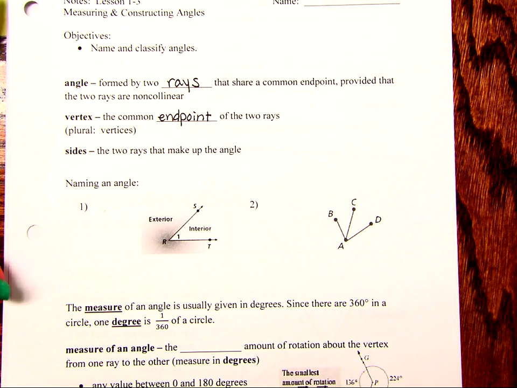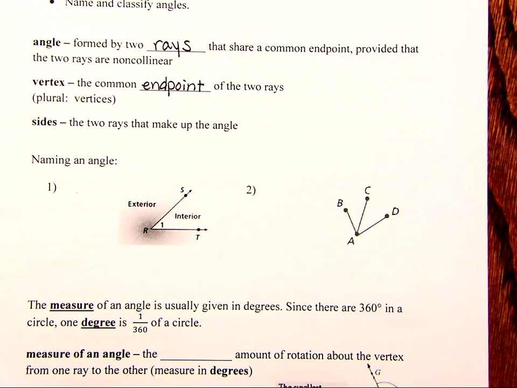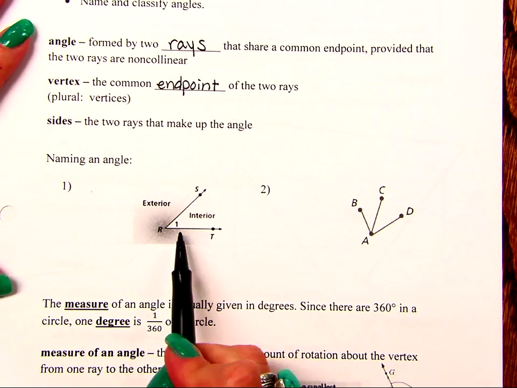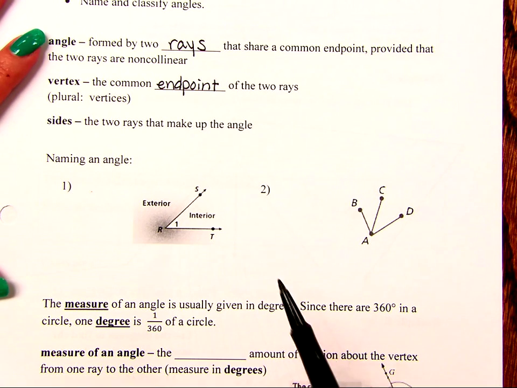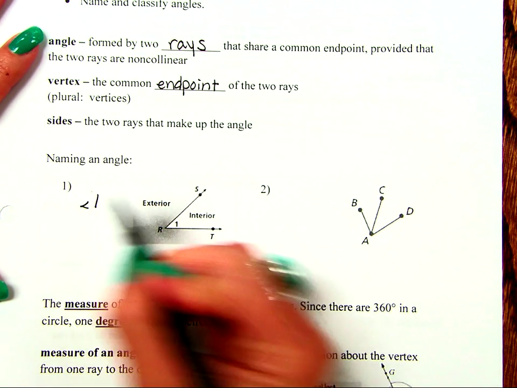Now, one thing you're going to want to make sure that you know is how to properly name an angle. Sometimes your angles are numbered, and you can see here this has the number 1. We would use the angle symbol. I could just call this angle 1.